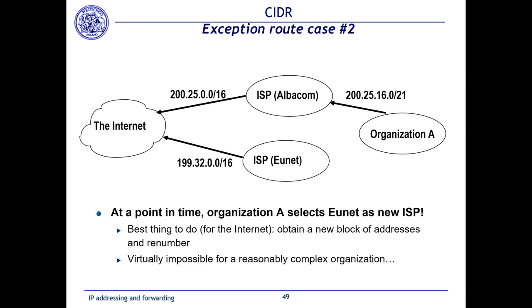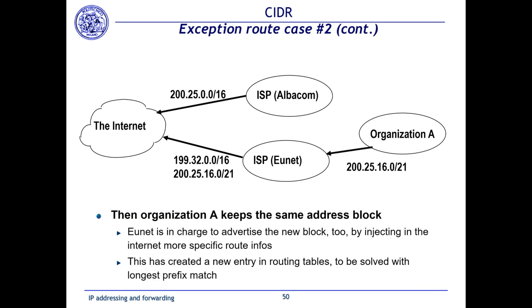Then imagine that this organization wants to change the internet service provider, so it makes a subscription with another internet service provider. In principle, it should obtain another block of addresses that belongs to the general block of the second ISP. But this implies that the organization has to reconfigure all the hosts and the interfaces with the new addresses. So this is not very comfortable.